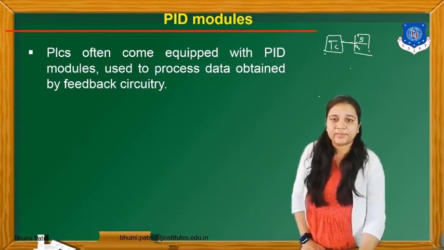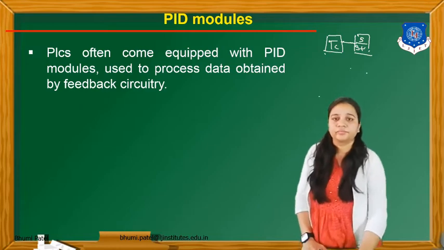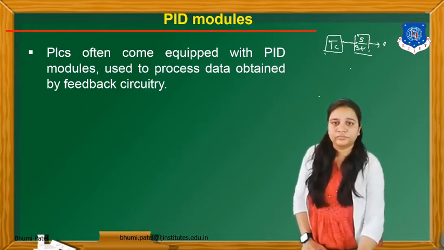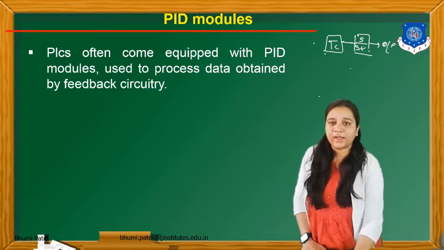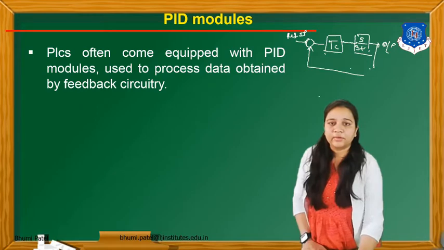S plus 1, and this is my actual output of this particular system. Then we have to apply some reference input to this system, and then we can connect the feedback element.